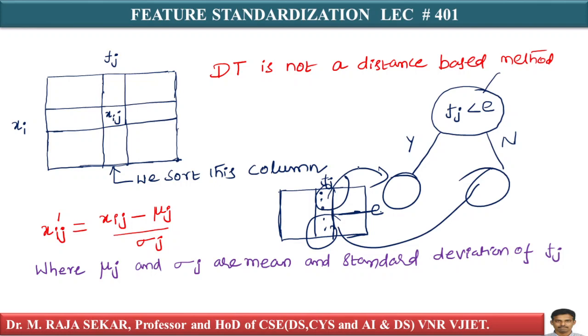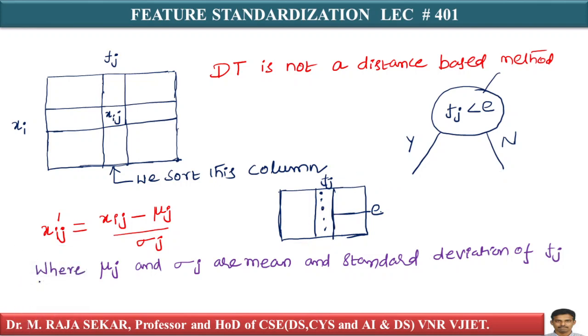In decision trees, we do not care about the actual values themselves, and hence we do not need to do feature standardization. That's important.